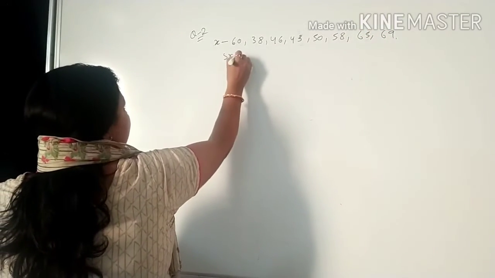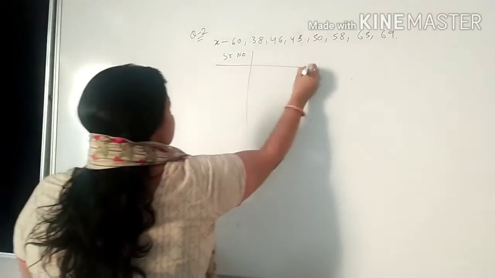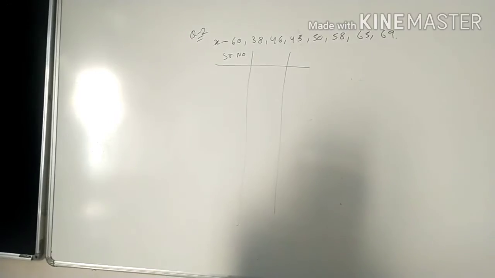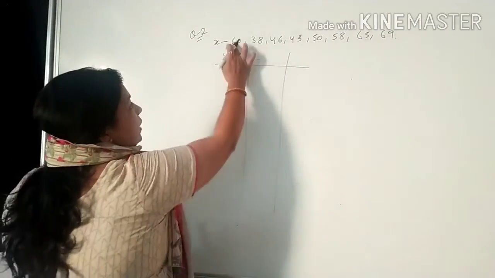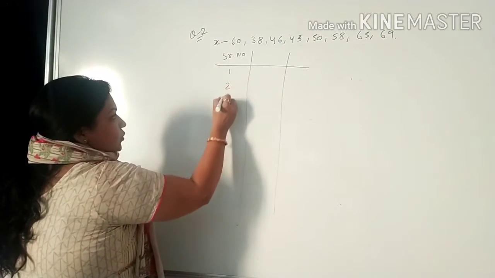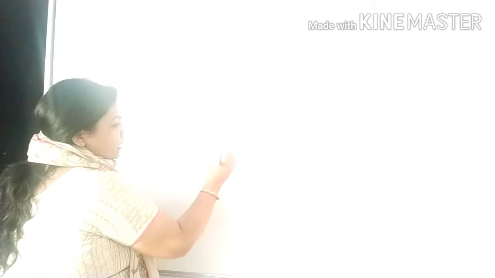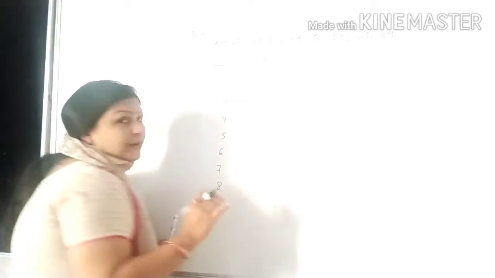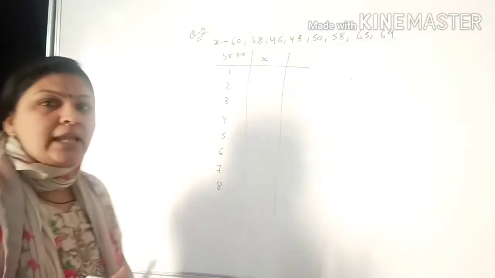So what we have to do? First arrange this in ascending order. Clear, students? Just write down 1, 2, 3, 4, 5, 6, 7, 8. Now we have to put X in ascending order.